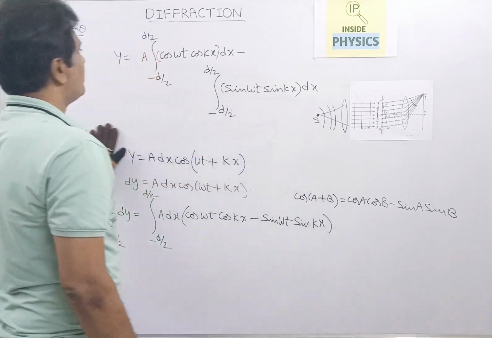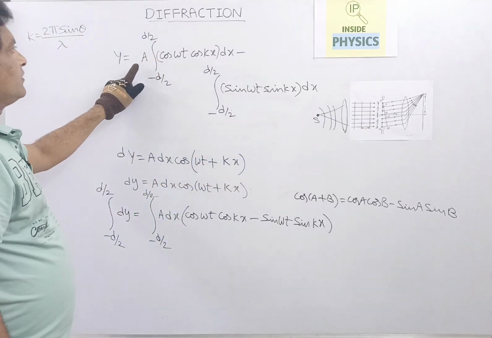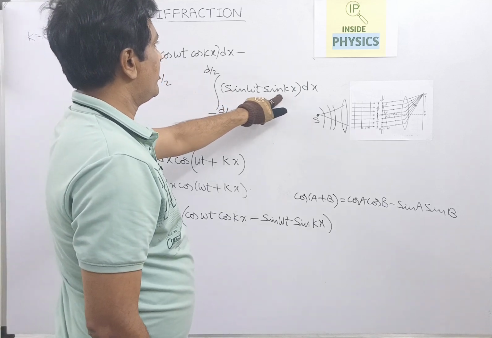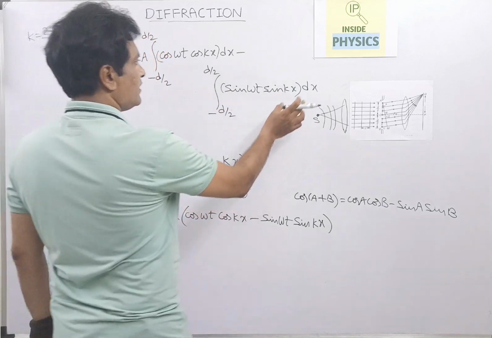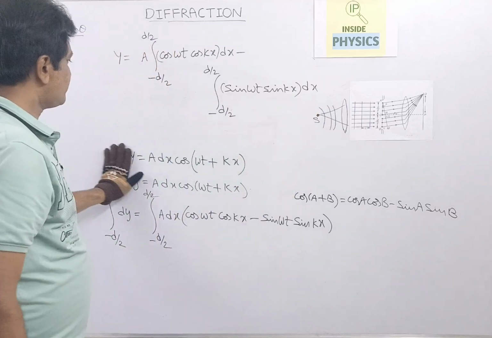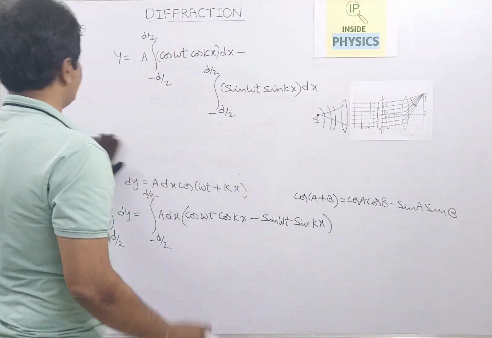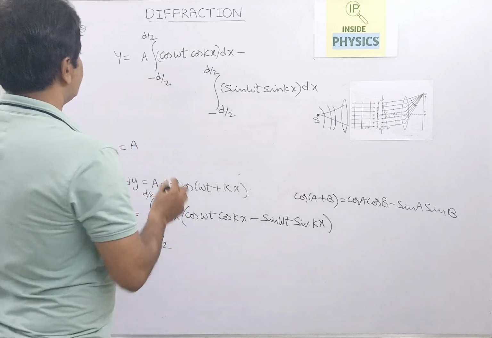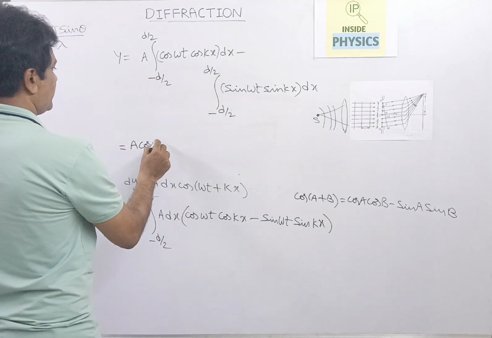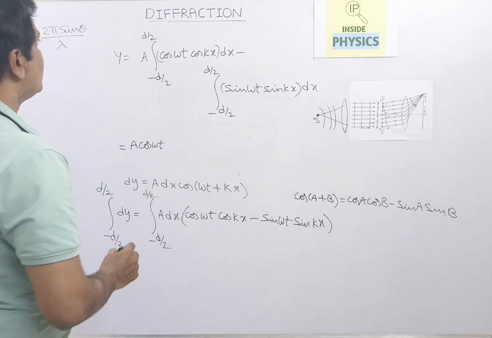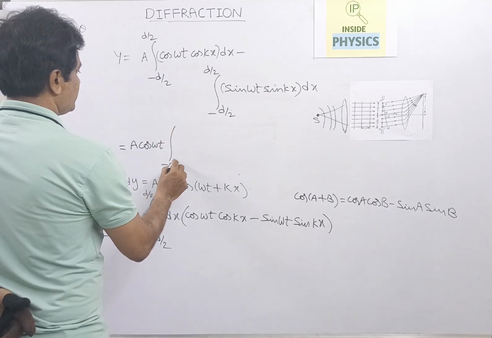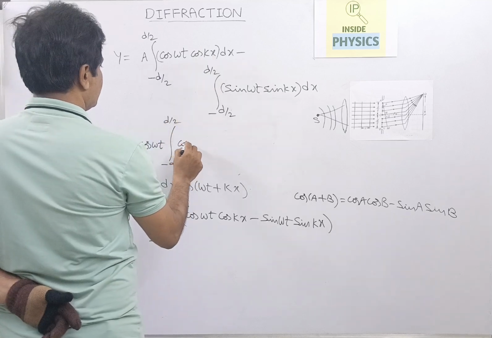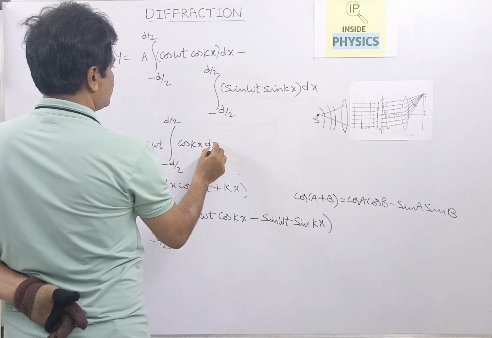You observe we can integrate this term and this term, where the variable is x. So the integration can be further taken as A into cos omega t, which we can take out on this side, integral from minus d by 2 to d by 2 of cos kx dx.